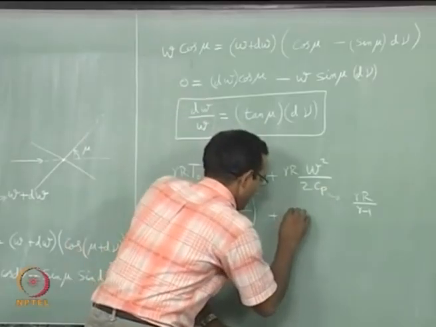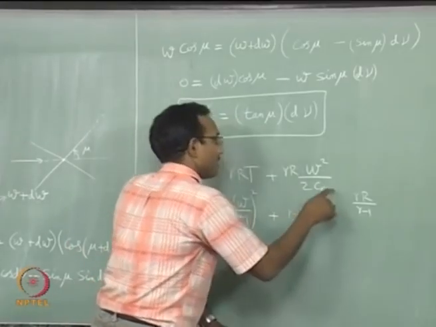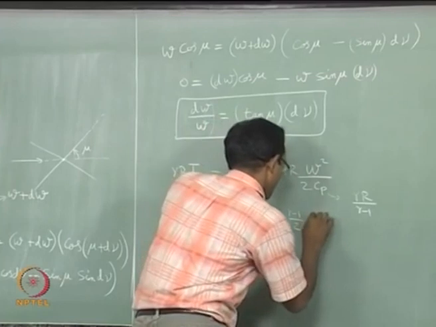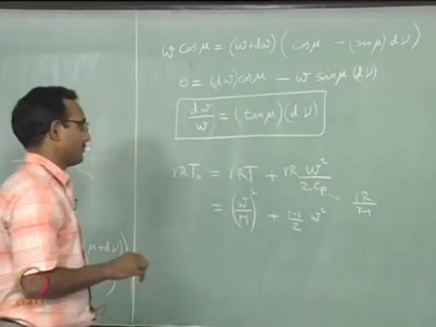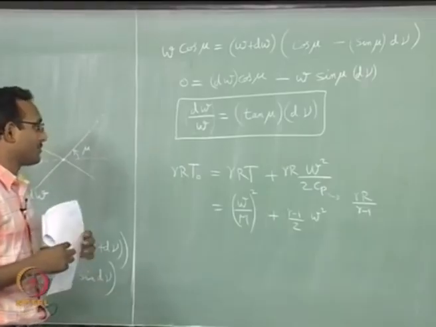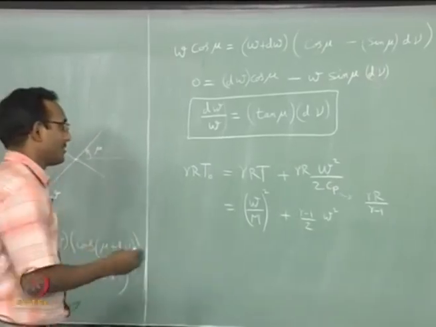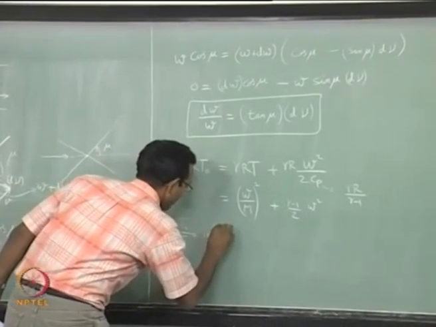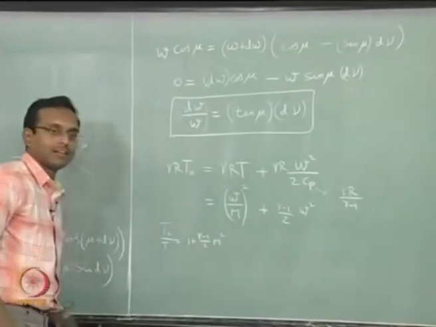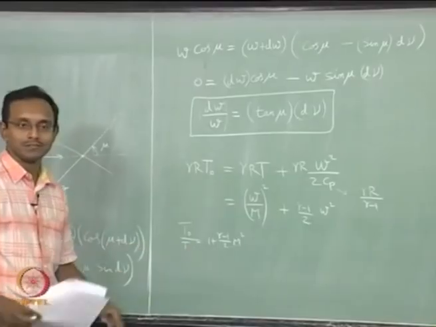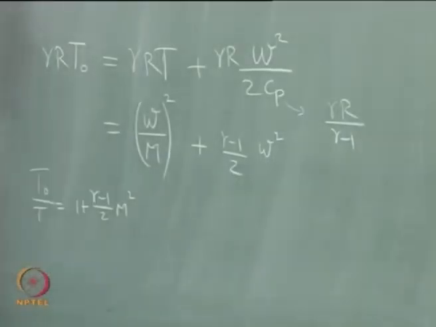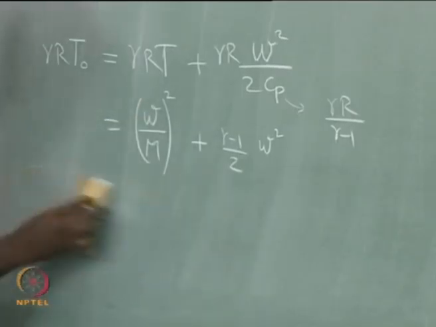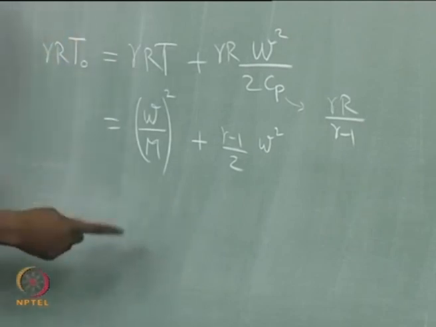Gamma minus 1 will go to the numerator, gamma minus 1 by 2, and this is what I have. Okay. Now, I could have derived it from somewhere else, I will just keep it this way. Okay. Of course, you know that directly this can be rearranged to the form T naught by T equal to 1 plus gamma minus 1 by 2 m square, right. This is the same derivation we went through to get to here. Now I want to keep things in terms of w's, so I will not go that direction, I will keep it this way. Okay. I did this specifically so that you will remember this particular formula I wrote here.